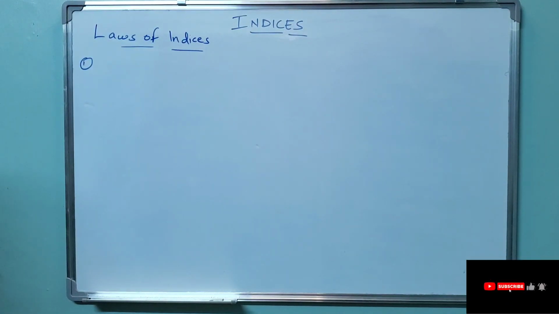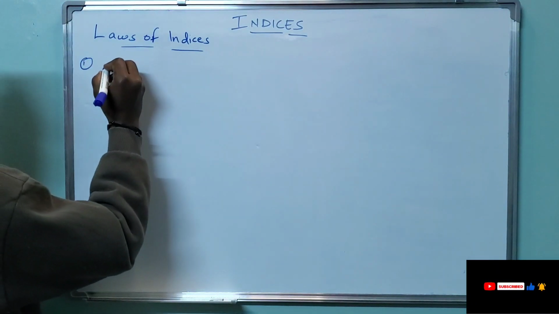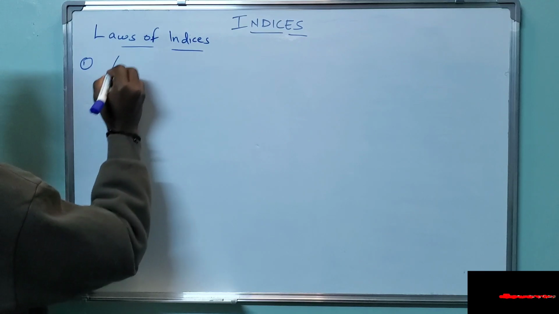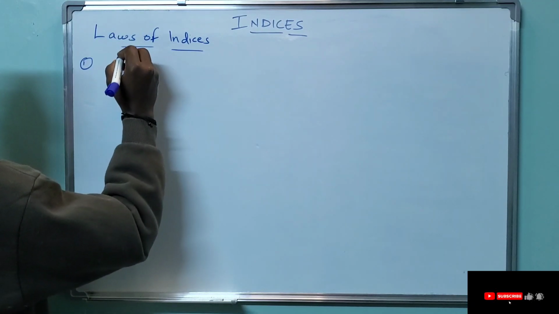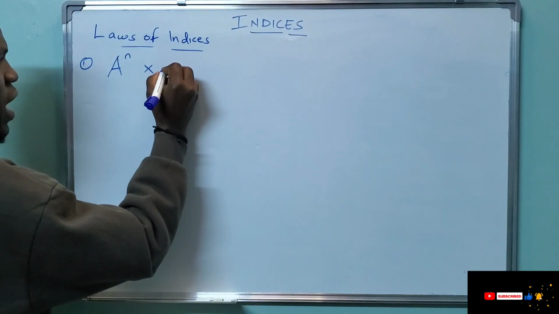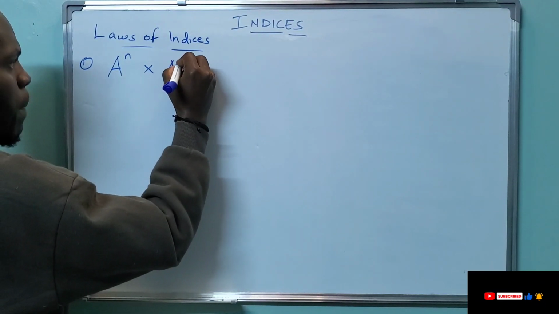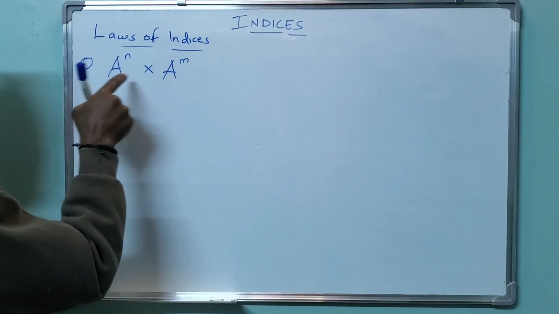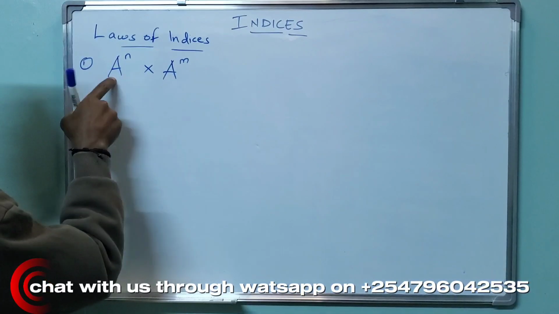Now I'm going to use algebraic expressions to show those laws. The first law states that if I have a number a raised to a power n, and I multiply it with the number a raised to a power m, the bases have to be the same.